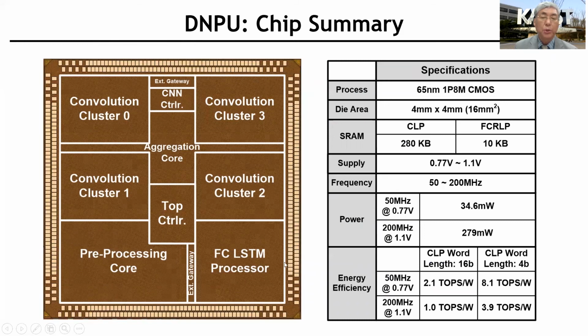And this is a chip photo. It's fabricated with 65 nanometer 1P8M CMOS technology. And its power consumption is 34.6 milliwatt at 0.77 volt, and 280 milliwatt at 1.1 volt.